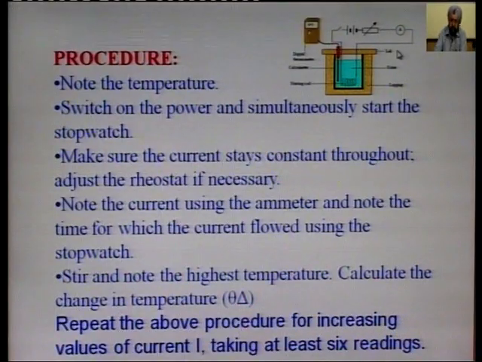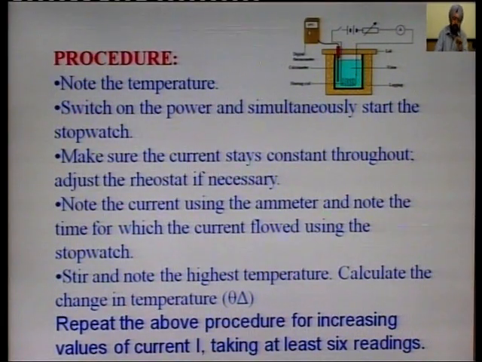Note the current using the meter and note the time for which the current is flowing using the stopwatch. Keep on stirring this water. Note the highest temperature. Find the change in temperature. This is one reading. Then you increase the current. Again take the second reading.